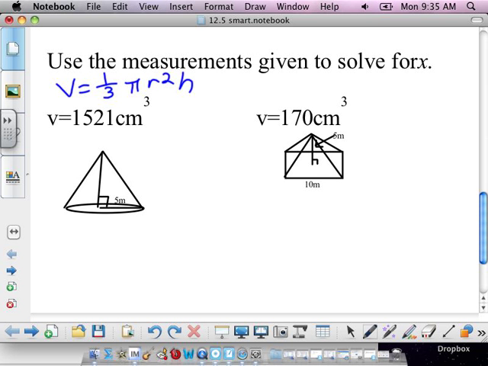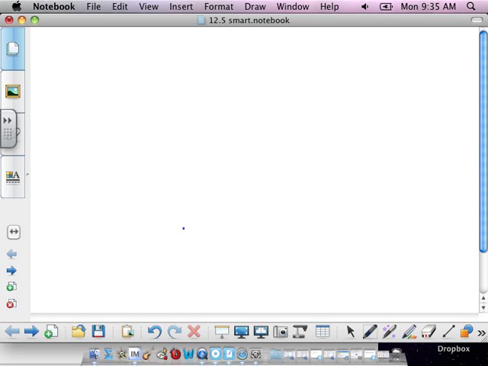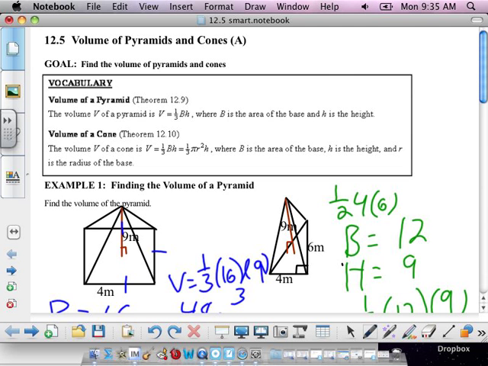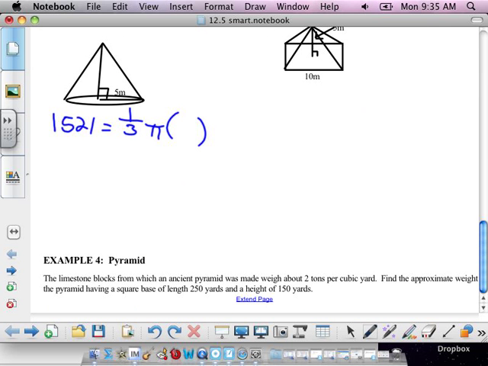So we're just going to fill in what we have, right? Do we have the volume? Right. 1,521. We've got 1/3. We've got pi. My radius is 5. It's divided by 3.